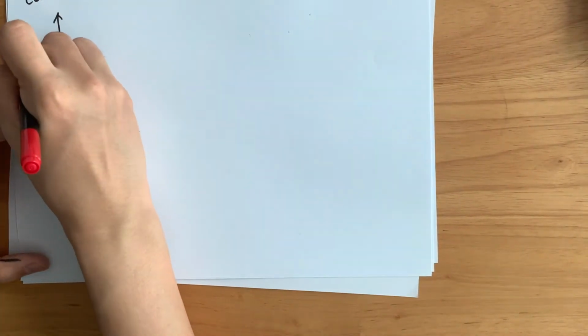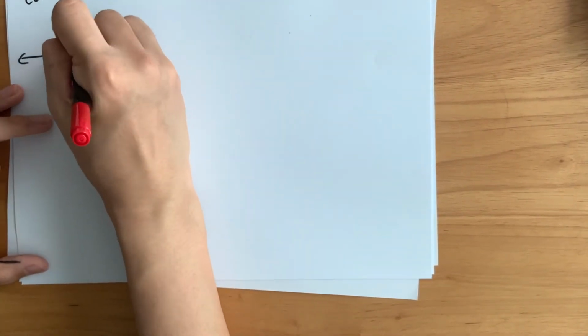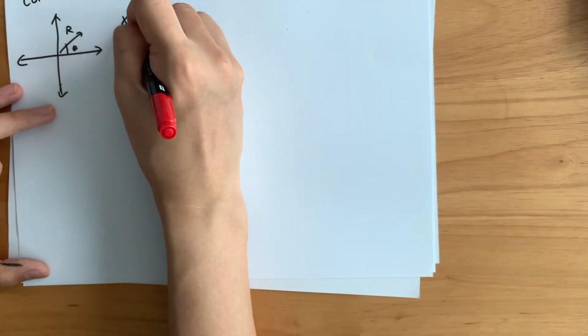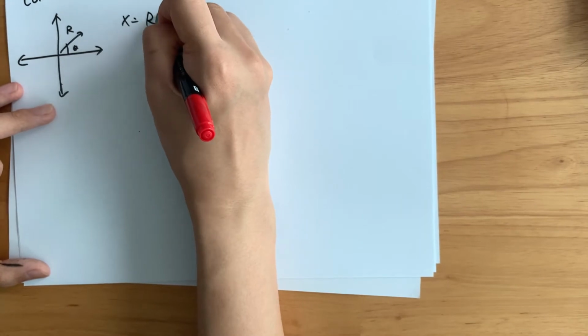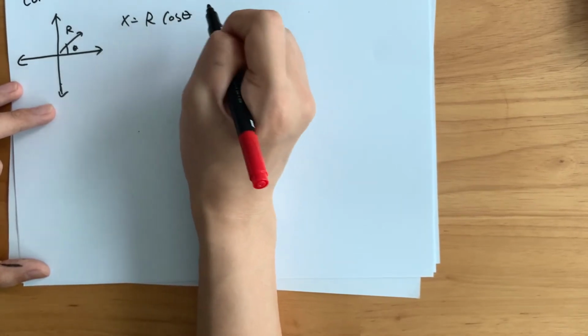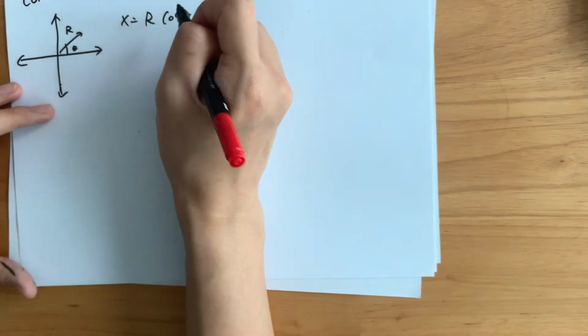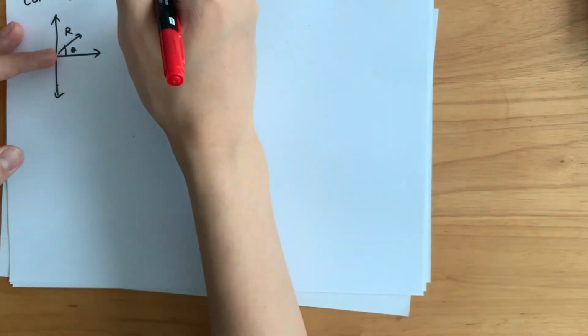Let's say this is (r, theta), and we know that x is r cosine theta, because x is just the projection.